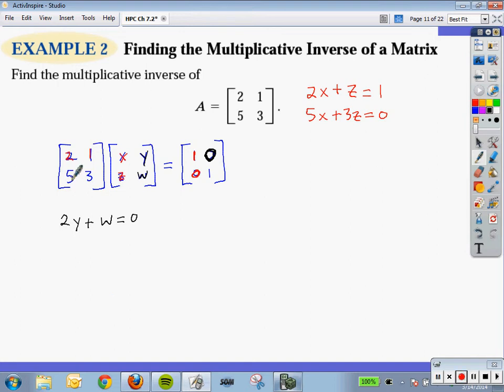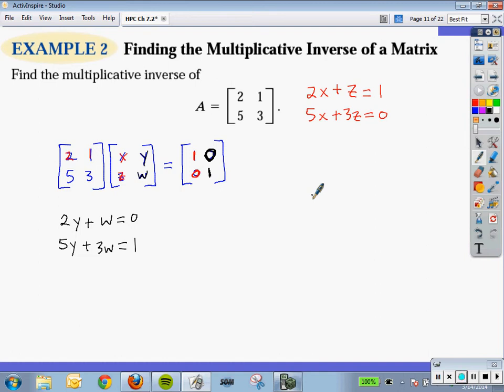And now I'm going to multiply row 2 and column 2, I'm sorry, row 2, column 2 to get row 2, column 2. So I got 5 times y plus 3 times w. And that's equal to 1. So you guys, we have systems of equations that tell us that we can figure out what x, y, z, and w are equal to.